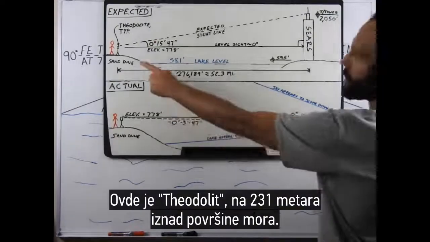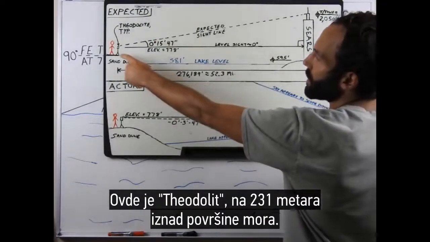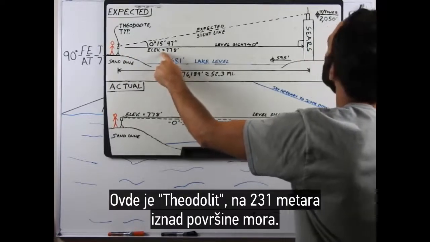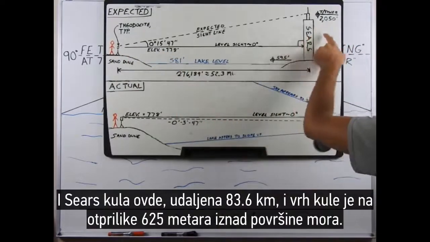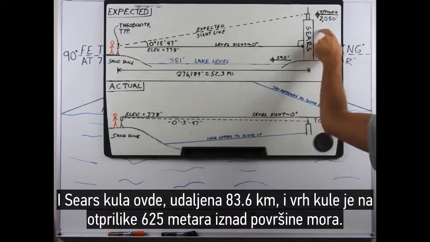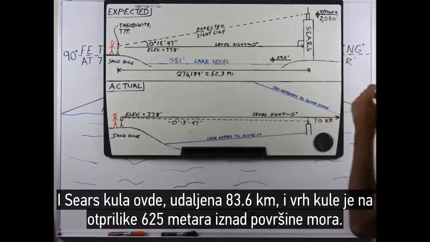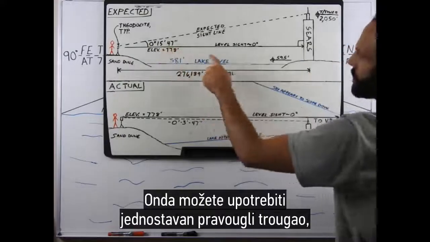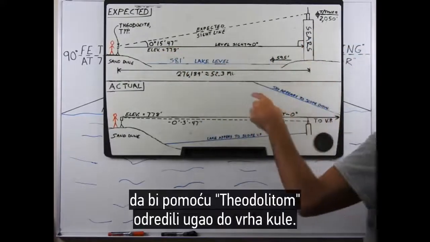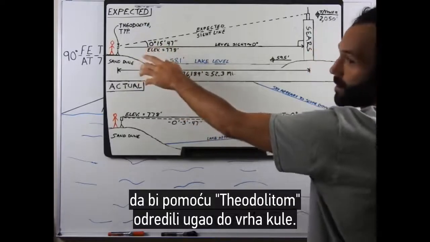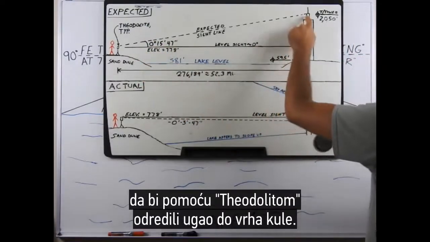So if we have the theodolite over here at 778 feet above mean sea level, and the Sears Tower over here 52.3 miles away, and the top of the tower is at roughly 2,050 feet above mean sea level, then you should be able to just use a simple right triangle to determine what angle you should measure with the theodolite to the top of the tower.